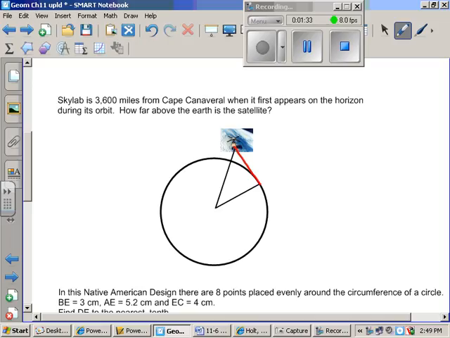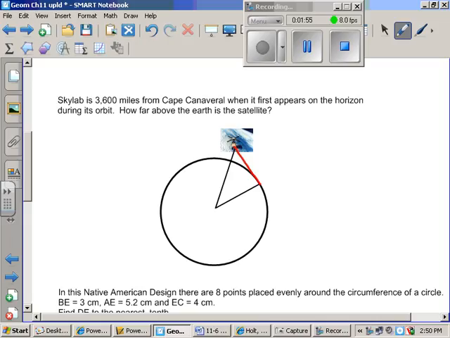You hear that a lot in these kinds of problems. When the object first appears on the horizon, it creates a tangent at one point on the Earth.